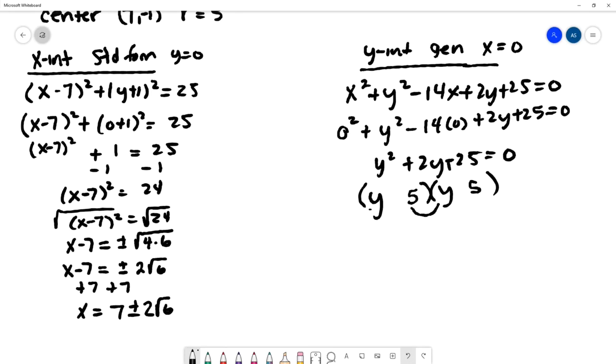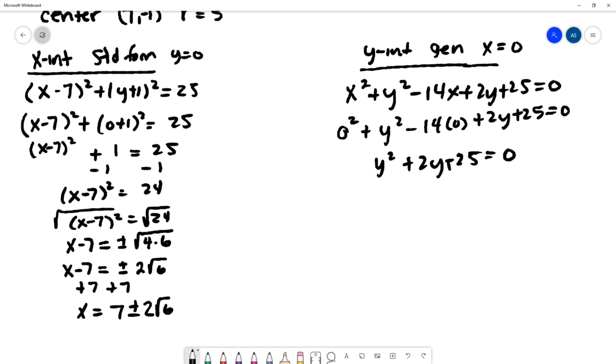Okay, well, 25 is also 25 times 1, but 25y and y is not going to give me 2y. And these are the only possibilities I have for factoring. So I'm not able to solve this quadratic equation with factoring.